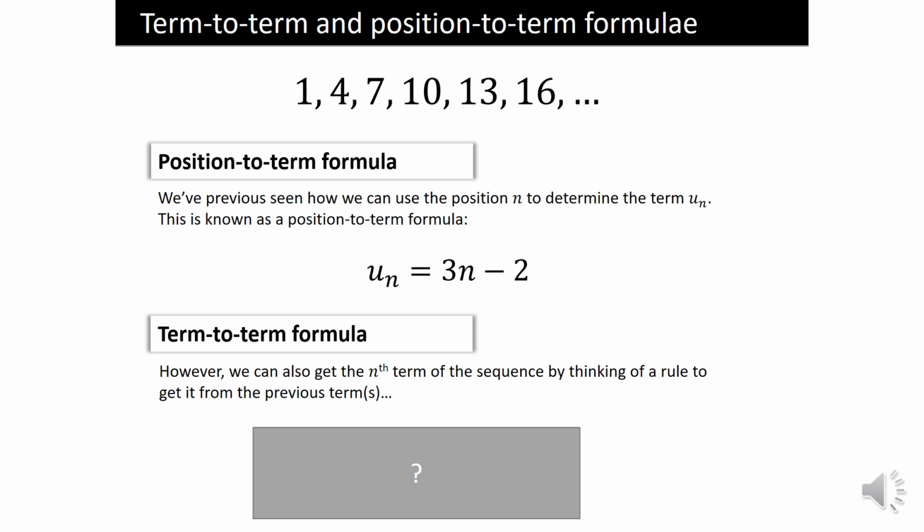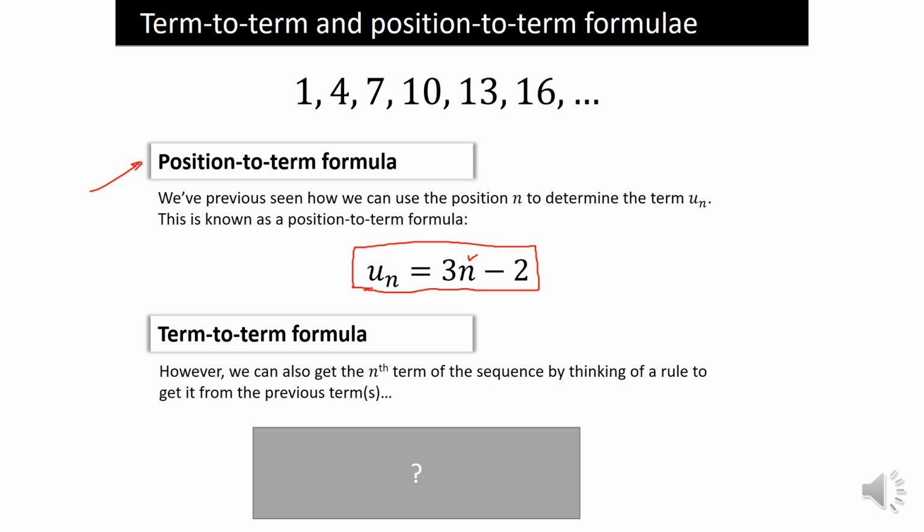So we've looked now at the position to term formula, this top bit here. That's a formula that tells us what the term in the sequence is by what position in the sequence it is. So we've got the nth term is 3n minus 2.